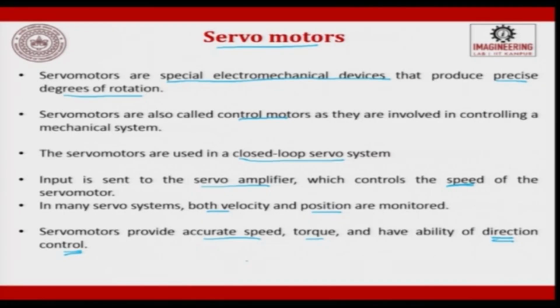So, the important take home points are two things: velocity and position. Here it is speed and torque control apart from direction. This is the very important take home message of this slide.